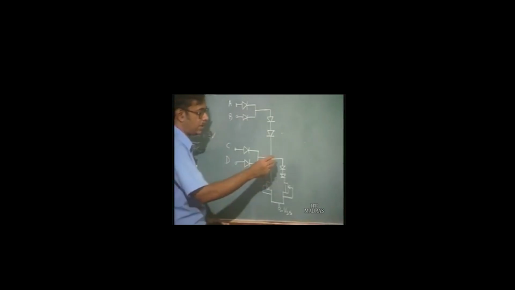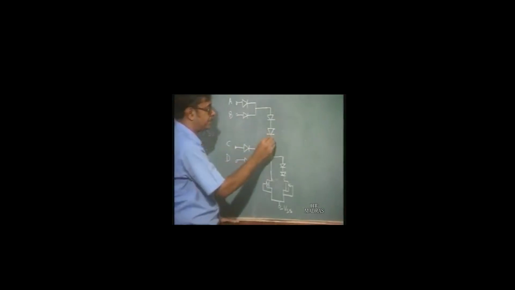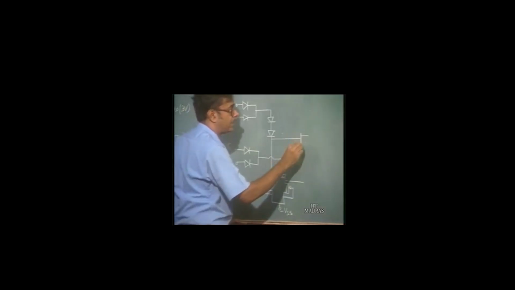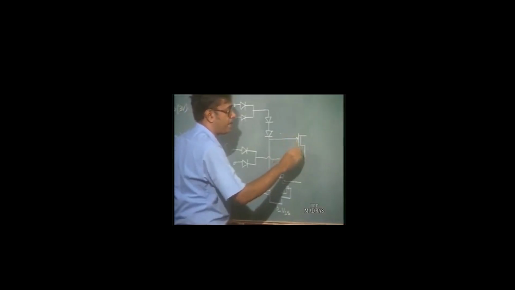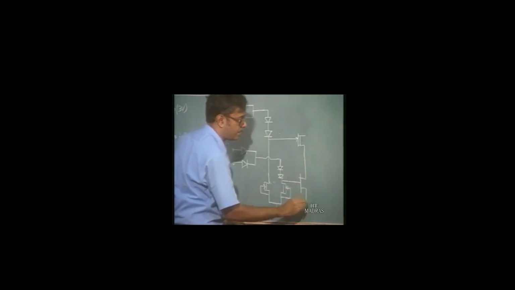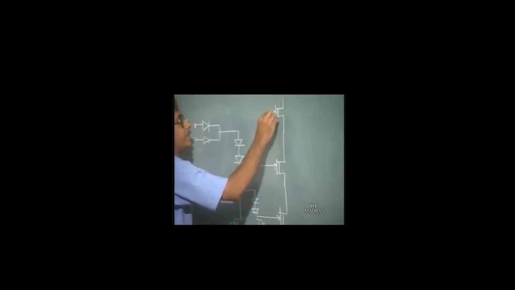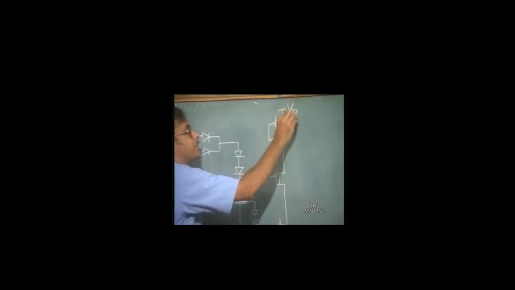This is minus VSS, and this point and these points actually go to the input of this section. So, this is like a NAND configuration. So, here again you have the load transistor.